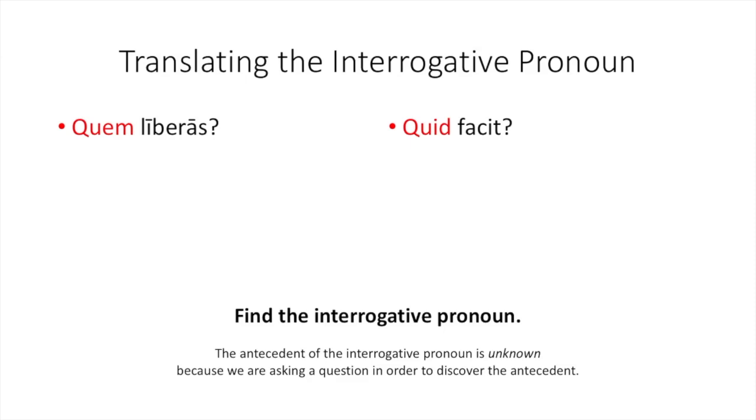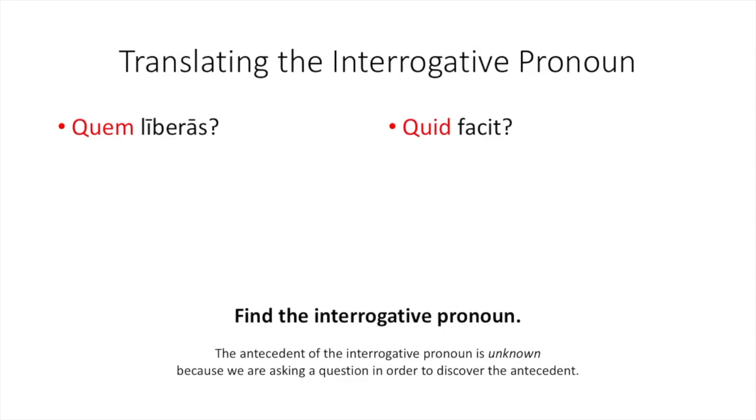in your clause. And so you'll see in this example, or two examples, that quem and quid are your interrogative pronouns. We don't need to find their antecedent for this pronoun because it's unknown. It's what we're asking about.